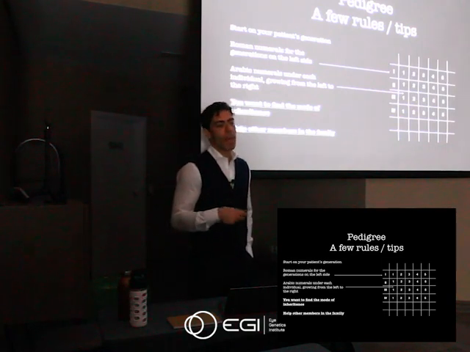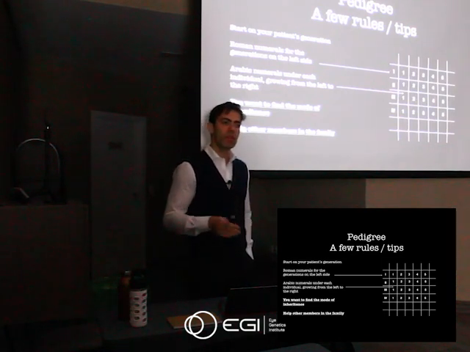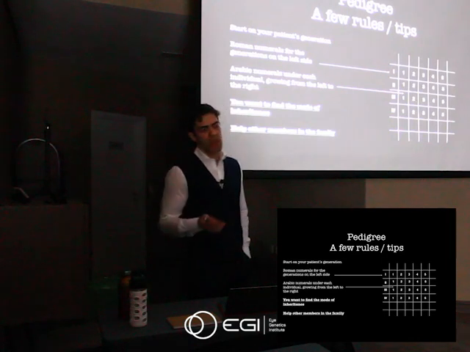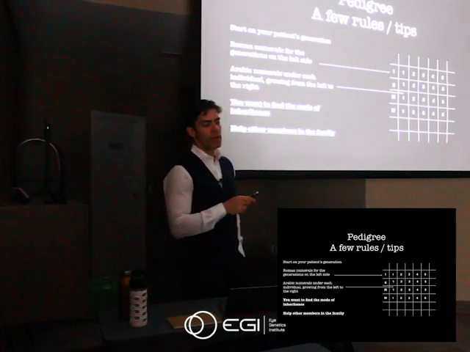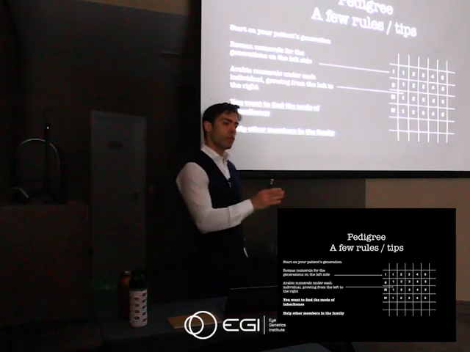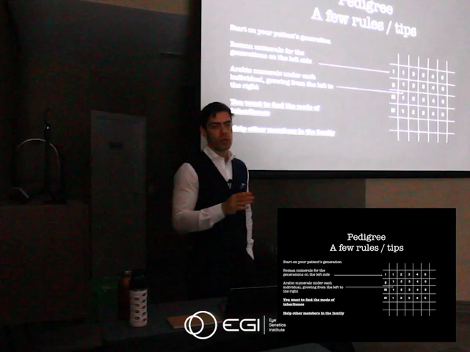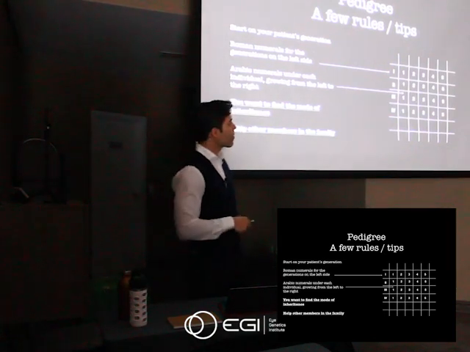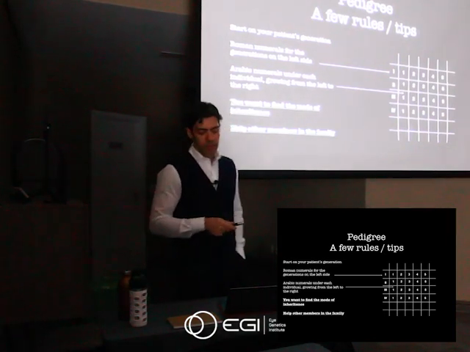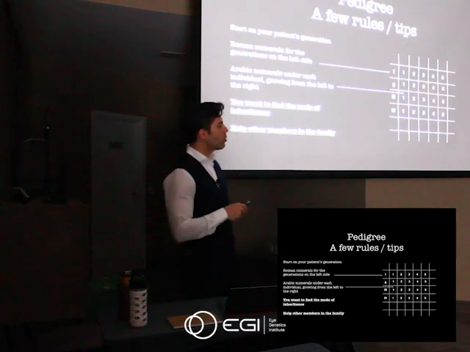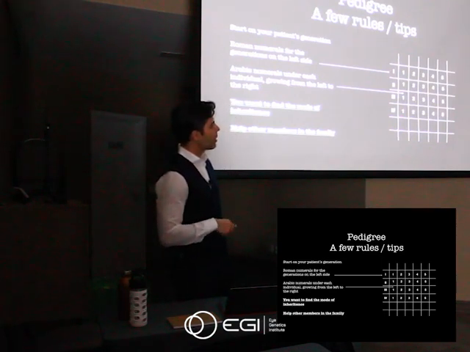You will ask the patient who was born first, if it was a male or a female, and then who was born next. And then from the left to the right, you will put the brothers and sisters in the order that they were born. And then under the individuals, you will put the numbers like that.